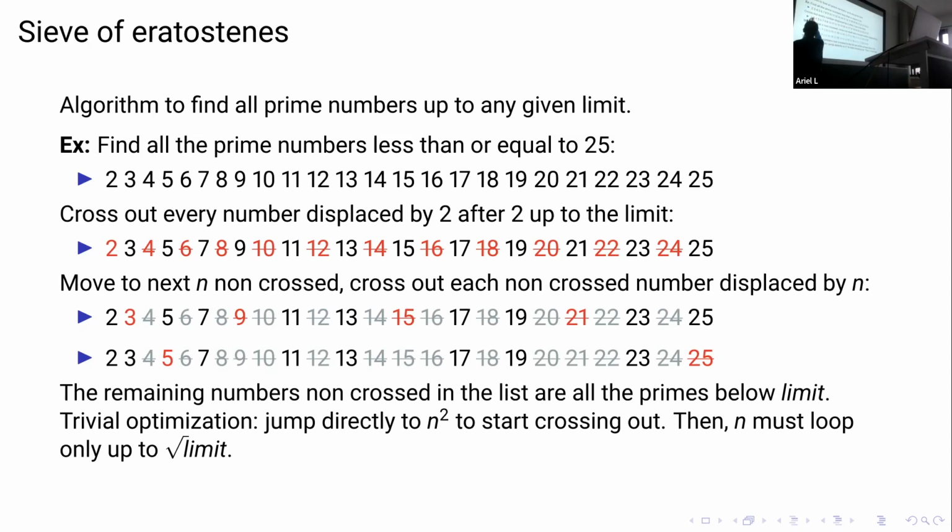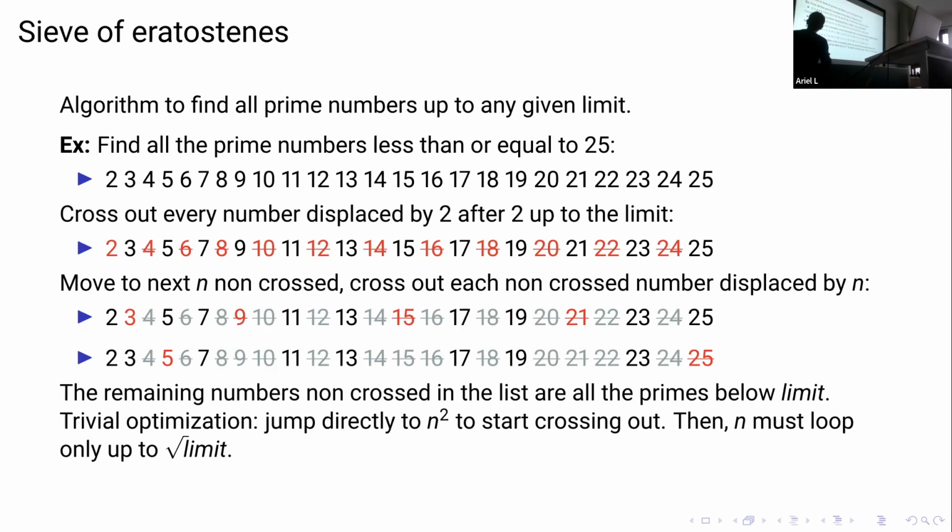The first one here is 2. I do displacements of multiples of 2 and cross out all of them, because by doing that I'm jumping onto all the multiples of 2. So I know 2 is the first prime, and every displacement of 2 I cross out, I remove it from the list, because those are multiples of 2, so not primes.